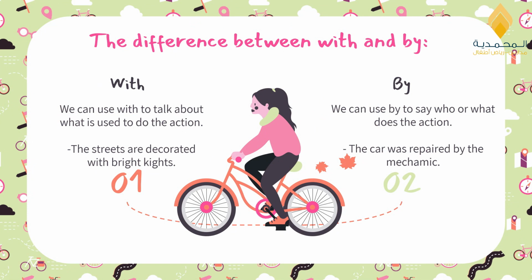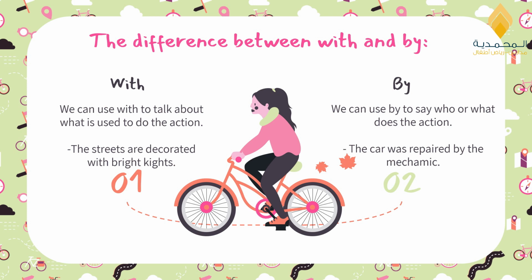The other idea that we are going to revise today is the difference between with and by. When do I use by with passive sentences and when do I use with? We use with to talk about what is used to do the action. What did we use to do this action?